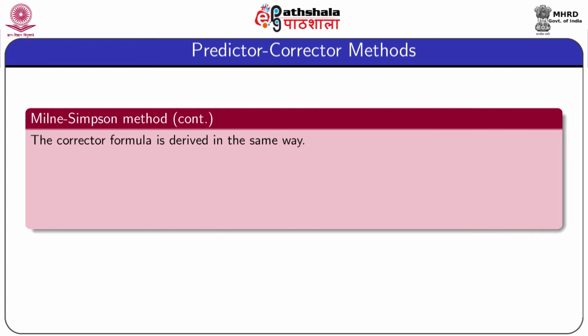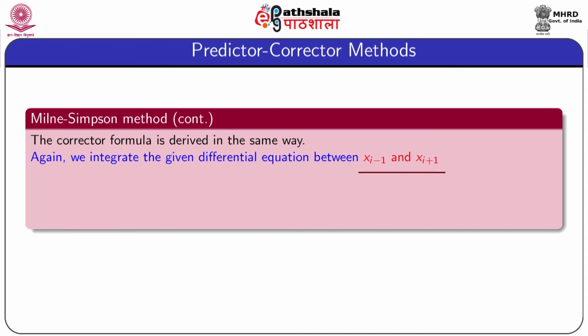Now, the corrector formula is also derived in the same way, that means by replacing the function f(x, y) by Newton's forward interpolating polynomial, but the integration is taken between x(i-1) and x(i+1). In the predictor formula, the integration is taken between x(i-3) and x(i+1), but in the corrector formula, the integration is determined between x(i-1) and x(i+1).